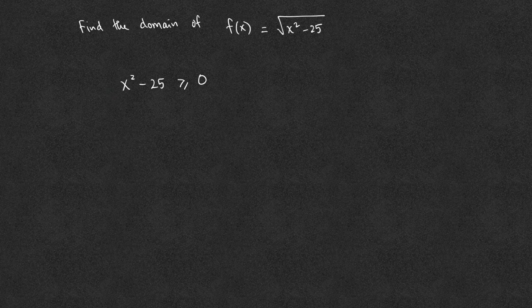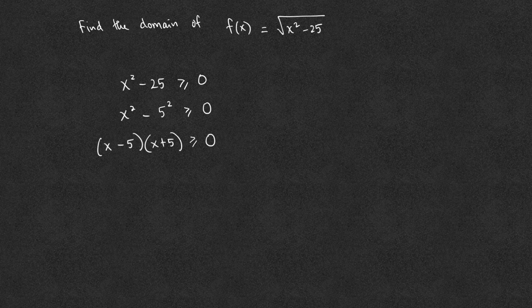To do that, first, from algebra, we know that we can factor this difference of two squares. 25 is 5 squared. So on the left-hand side, we can rewrite it as x minus 5 times x plus 5. And we want this product to be 0 or positive.